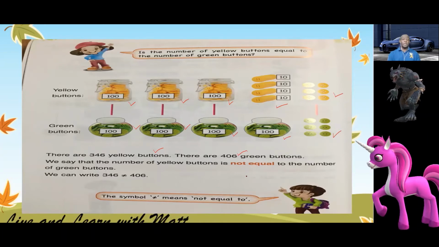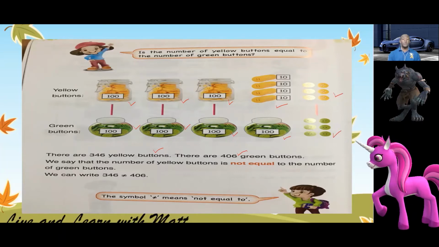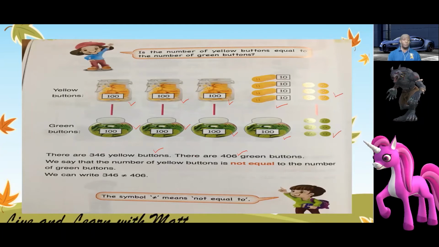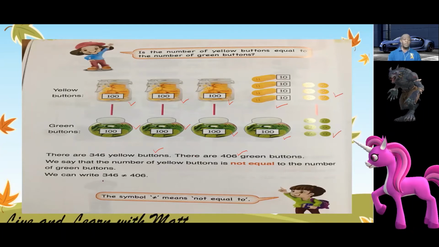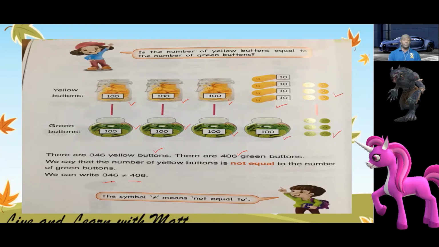So we said the number of yellow buttons is not equal to the number of green buttons. We can also write it in mathematical form: 346 is not equal to 406. This sign means not equal.